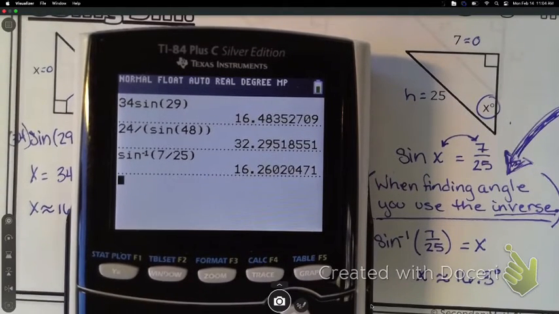Okay, so what do we use when we're finding an angle? Inverse. And then you type in the 7.